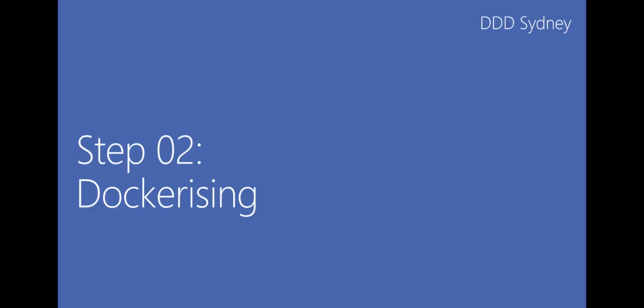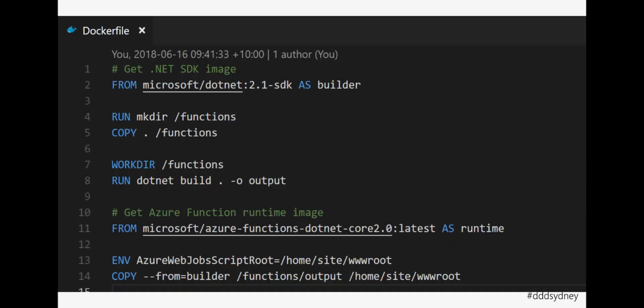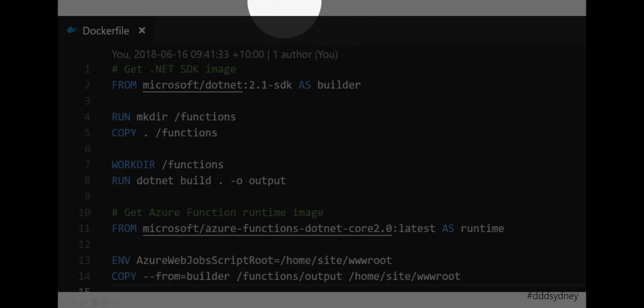Now, we are moving on to the Dockerization. In order to build a custom Docker container image, we should write a Dockerfile here, right? And here, we are using the multi-stage build approach. So the Dockerfile actually contains two different sections. One is using the container for the .NET Core SDK, and the second one is the function runtime, right?